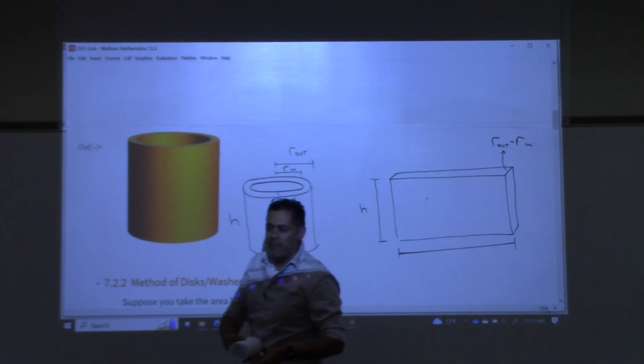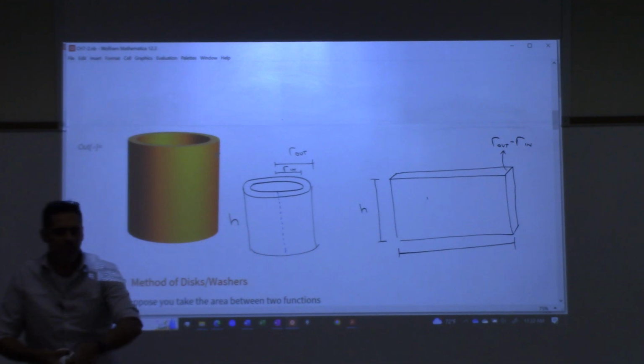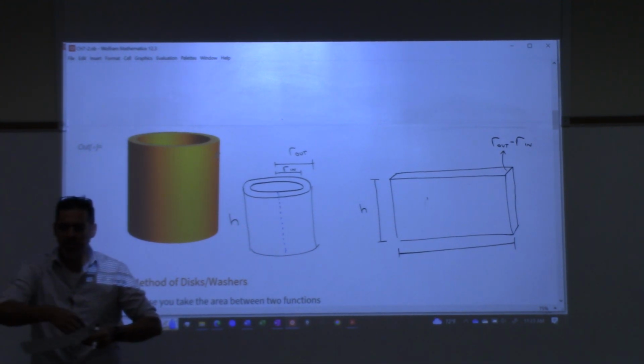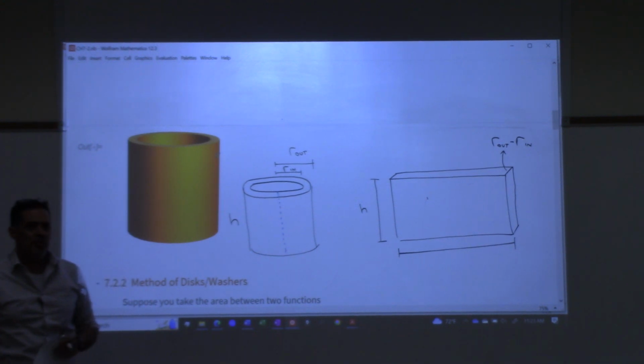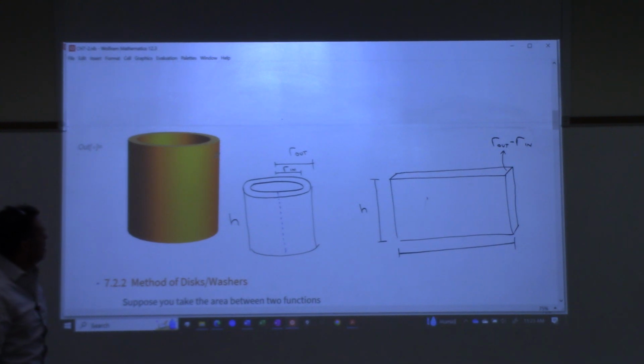That should be the circumference of this thing, which if we open it up, that's the circumference, and the definition of circumference is 2 pi r. 2 pi r, right? Now, which radius, though?